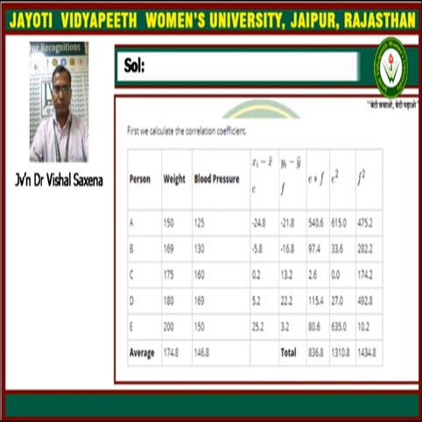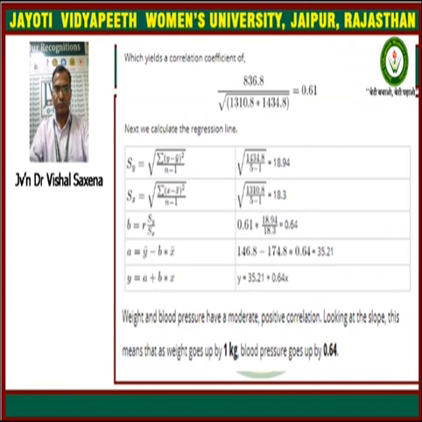Xi is the first series for weight and yi represents the blood pressure, the second series, and then we find xi minus x bar, which is E, yi minus y bar, which is F, then E into F, then E square and then F square. Next put the values in the correlation coefficient formula and we get 0.61. 0.61 is the correlation coefficient, and now we have to find the regression lines.